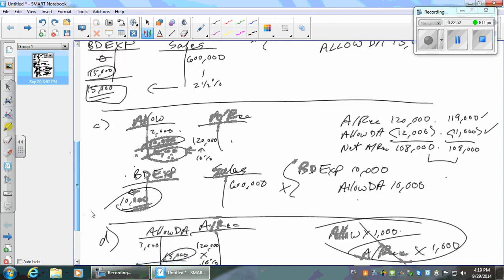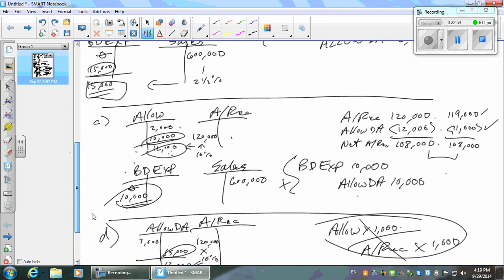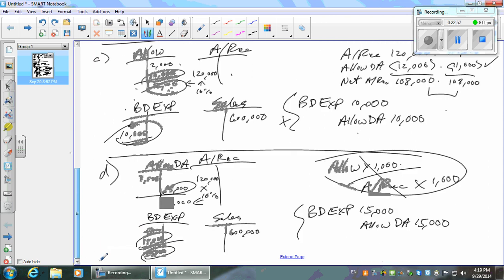Bad debt expense is 10. And for D, ending balance for allowance is 12. That's because I used 10% both times, so it's the same, right? But it's going to be 15 for bad debt expense. So they'll be different, yeah. If they're the same, it's just because I used the same estimate, right?